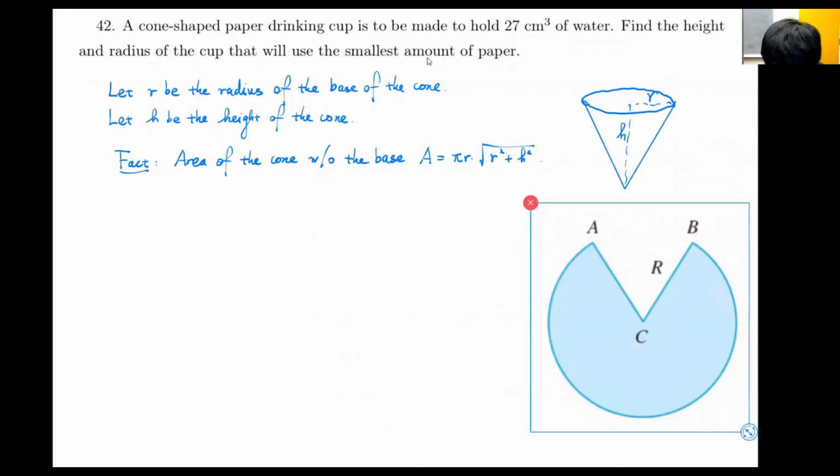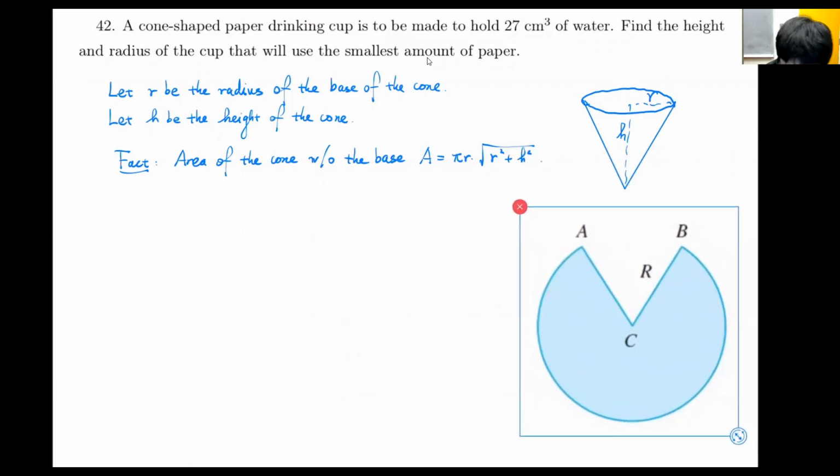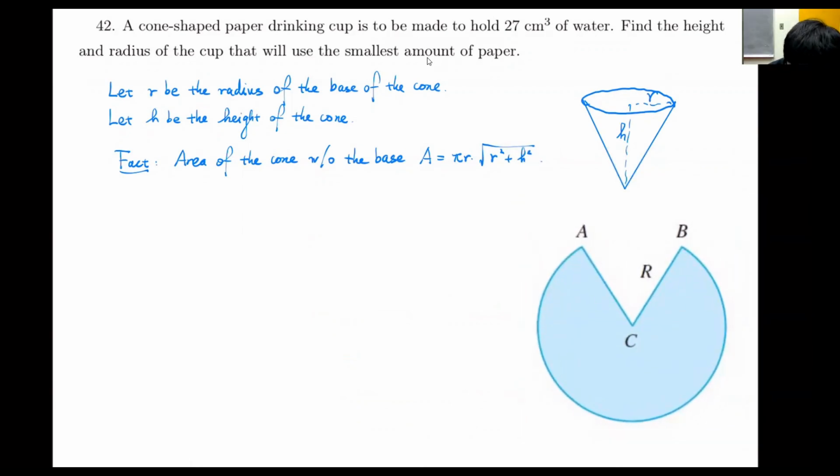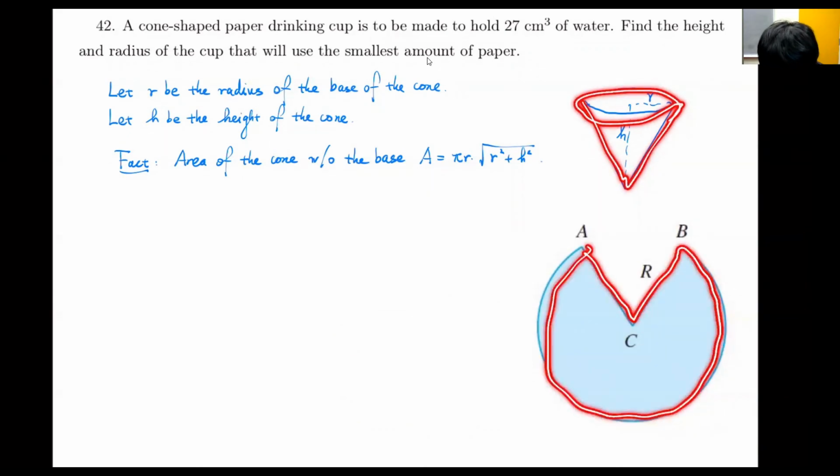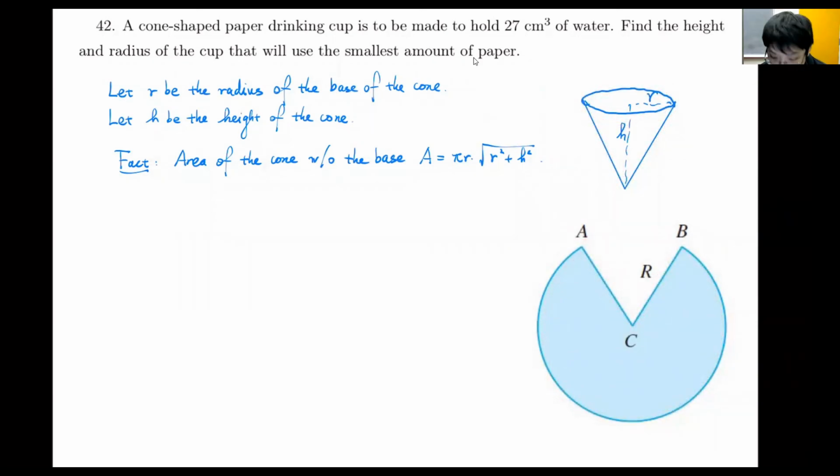I will just need this picture over here to explain what's going on. You know that such a cone is obtained by folding a sector like this. We simply identify CA and CB, and that way you get such a paper cup. With this in mind, you can easily see that if I want the area of the paper material, the area is precisely the area of this sector.